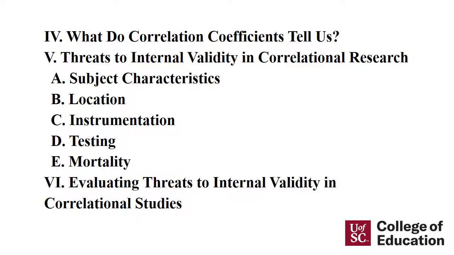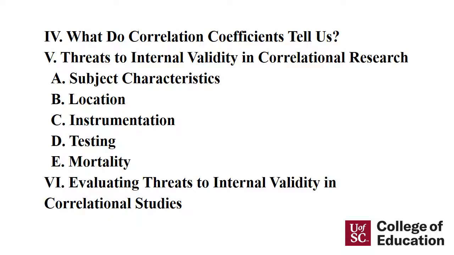A. Subject characteristics. Whenever two or more characteristics of individuals or groups are correlated, there exists the possibility that yet other characteristics can explain any relationships that are found. In such cases, the other characteristics can be controlled through a statistical technique known as partial correlation.